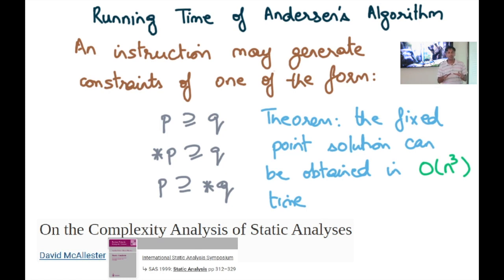So Andersen's algorithm, for this reason, is not all that practical for the purposes of compilation, but it is often used for other purposes like verification or program analysis, etc. We are going to see in our next module a faster alternative to Andersen's algorithm. But the other thing to point out is that even though I've been doing the worst case analysis, even the average or the typical case analysis is roughly quadratic to cubic.